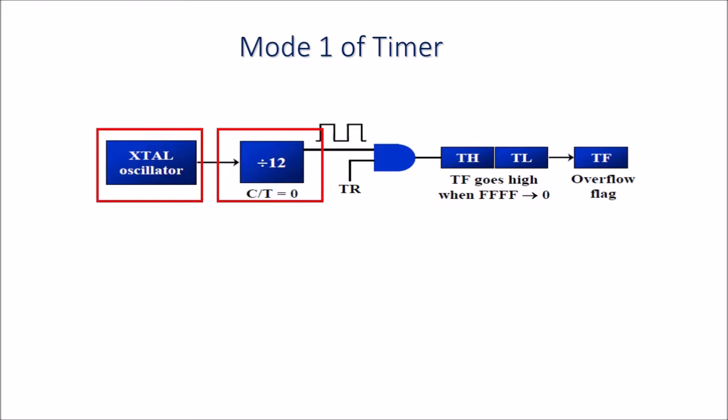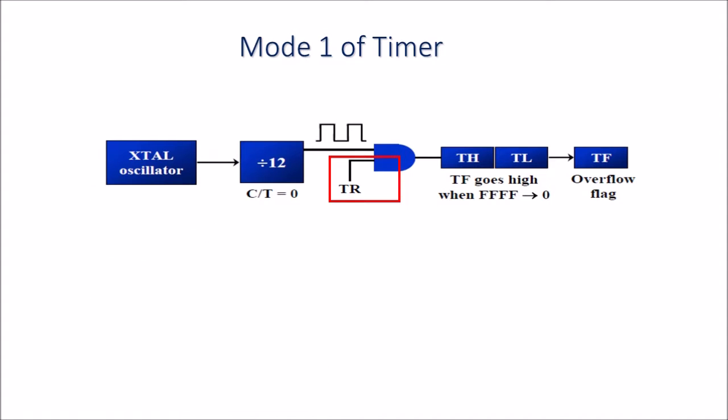If TR bit of TCON register is set to 1, that means if timer starts, then this clock signal is connected to timer block. The count is loaded by user in TL and TH register. So after each clock cycle, this count will be incremented by 1. When count reaches FFFFH, it will roll over to 0000H and it will set the flag bit TF0 for timer 0 and TF1 for timer 1.